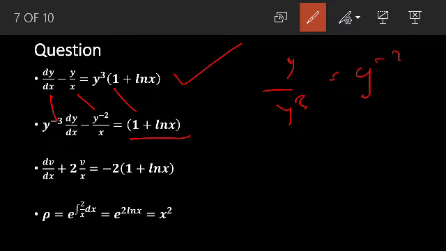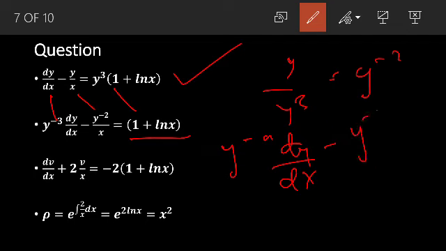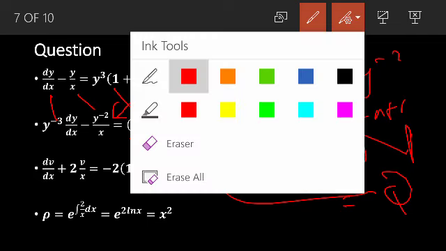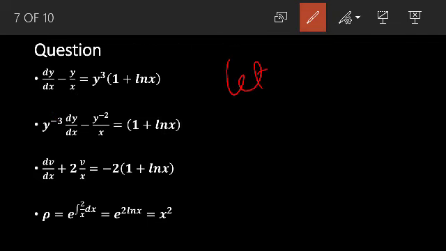order linear equation. Which is a Bernoulli's equation, which looks like y raised to the power minus n dy dx, then minus y raised to the power minus n plus 1 p equal to q. So you can see that your q is this, and your p is minus 1 over x. So to solve this, we can start by saying let v be equal to y raised to the power minus 2.